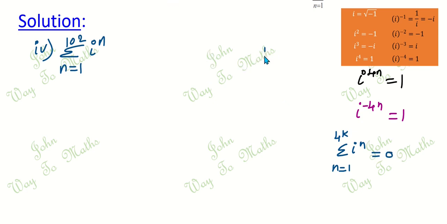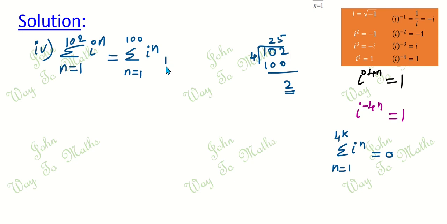Here I am going to minimize 102 divided by 4 using long division. 25 4s are 100, so remaining is 2. So this can be written as summation of i power n, n varies from 1 to 100, then i power 101, then i power 102.